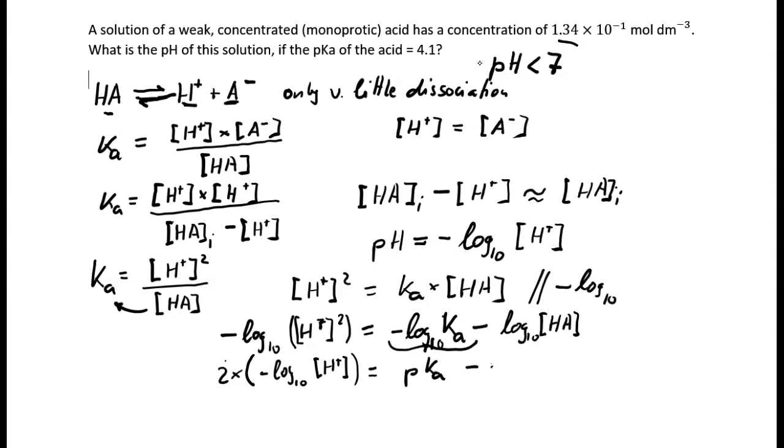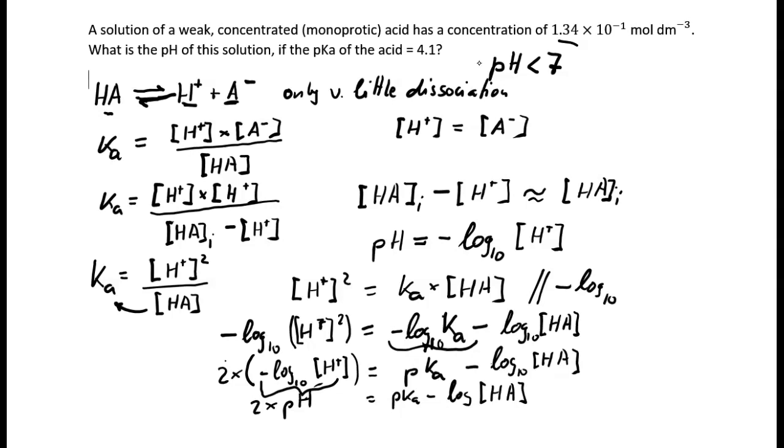And this one here stays log 10 of the acid concentration. We can't do anything with that. Now we also know that negative log of the proton concentration is nothing else but the pH. So we basically have 2 times pH equals pKa minus log of the acid concentration.